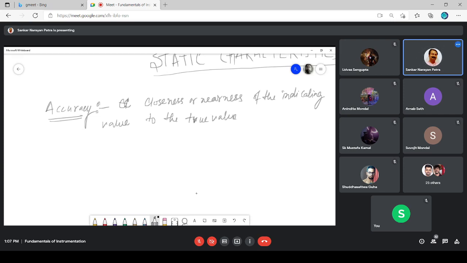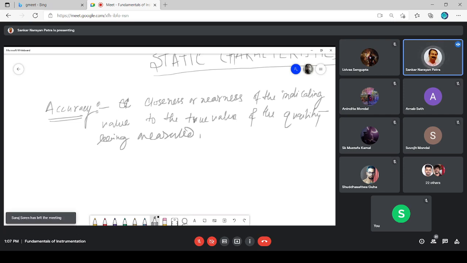of the quantity being measured. So the accuracy by definition is the closeness or nearness of the indicating value to the true value of the quantity being measured.